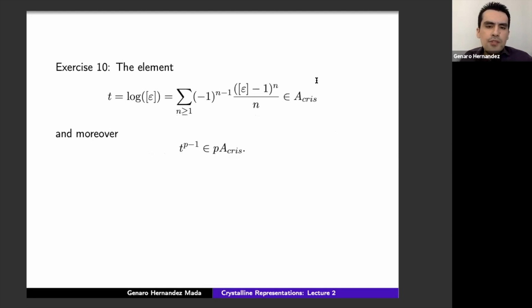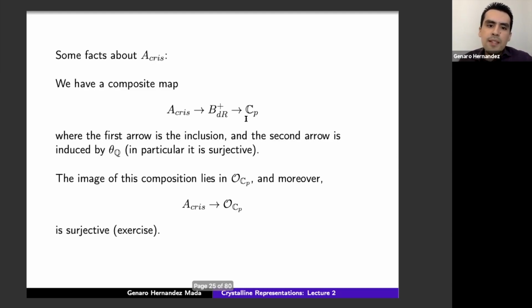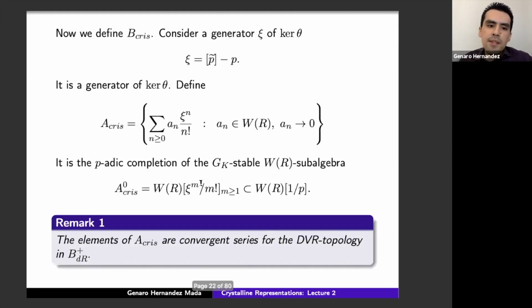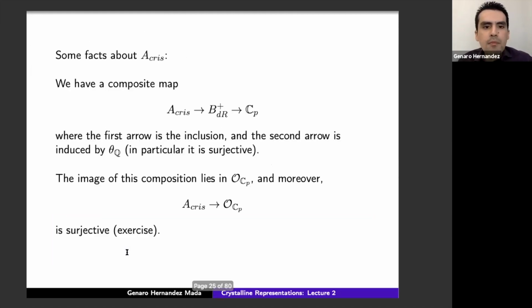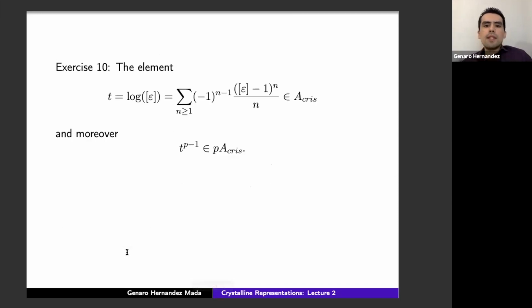Yeah, so if you remember yesterday, this was the uniformizer that we were taking in B_dR^+, which was defined to be this series. I'm leaving this as an exercise, but that element is actually an element of A_cris when we see A_cris inside B_dR^+.